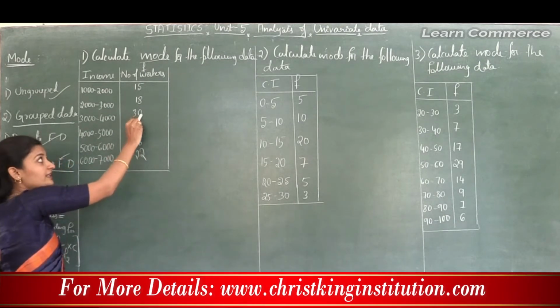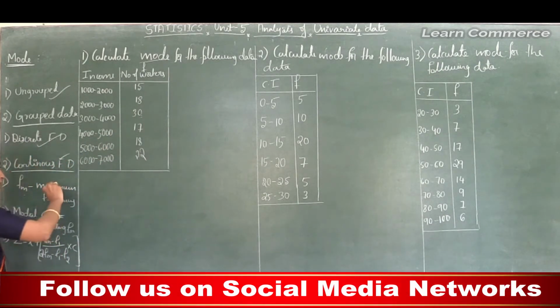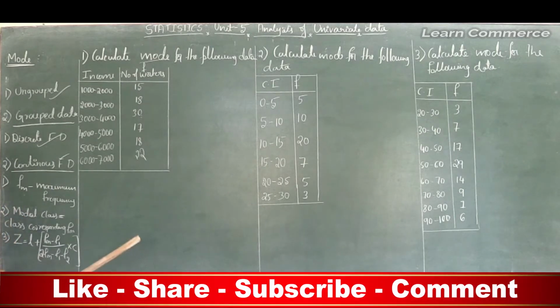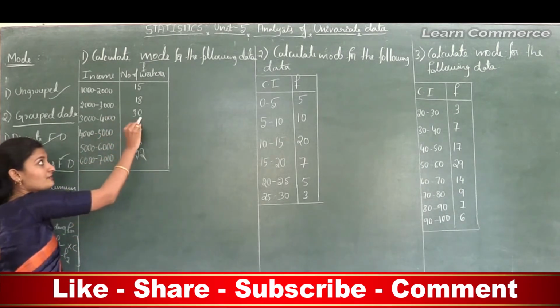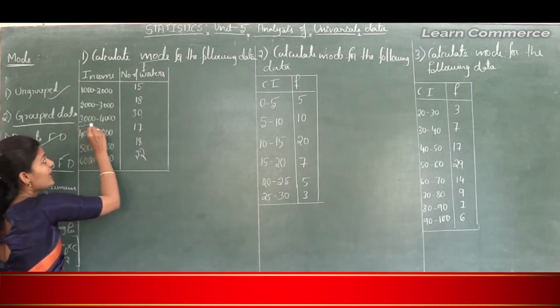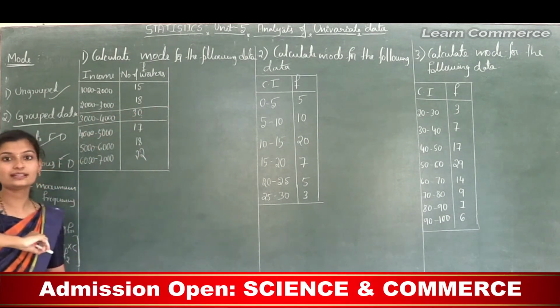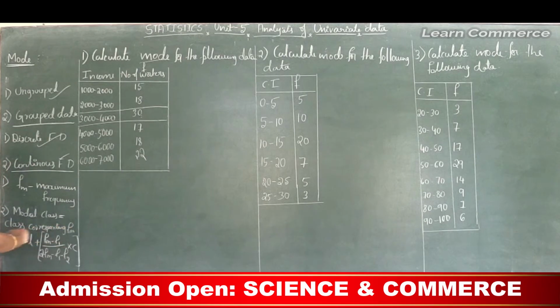So 30 is FM. Step 2 is to determine the modal class, which is the class corresponding to FM, the maximum frequency. So this class is the modal class.